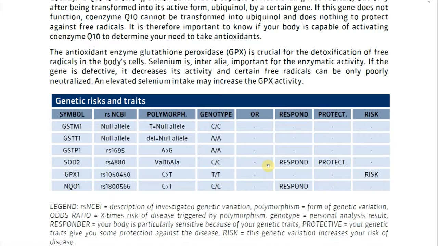This gene protects you from free radicals as well. And it works like this. The gene has instructions for an enzyme that has the function to float around and grab onto free radicals and neutralize them. However, for this enzyme to work, it needs selenium. Selenium is an integral part of how to build this thing, one of the building blocks.